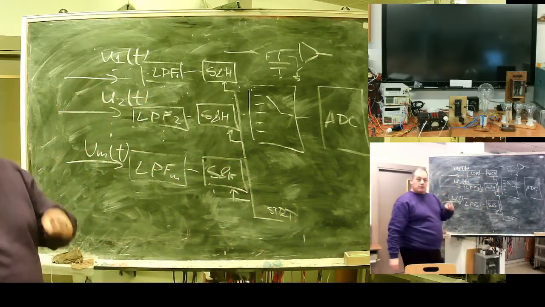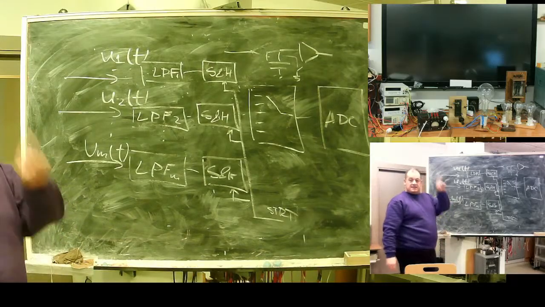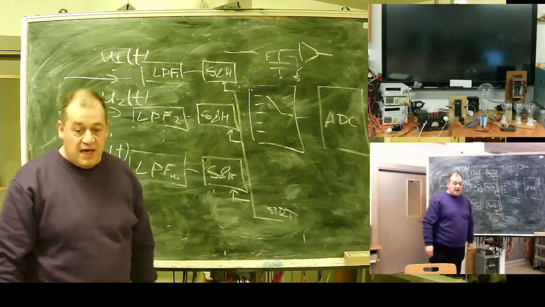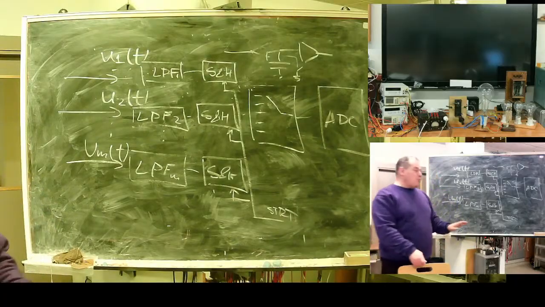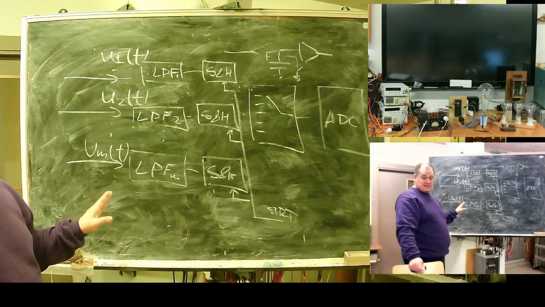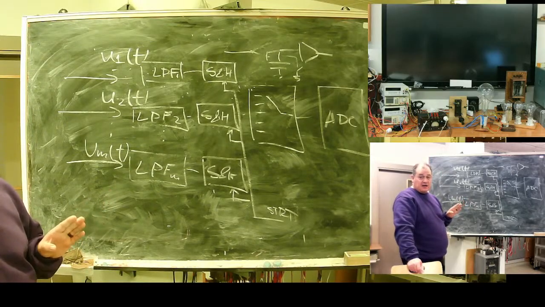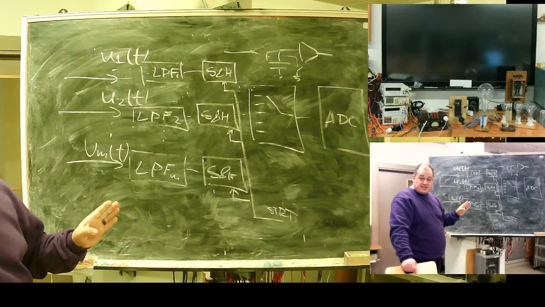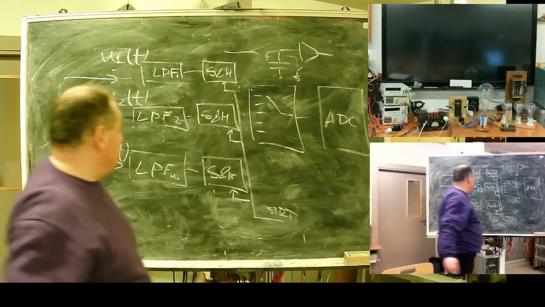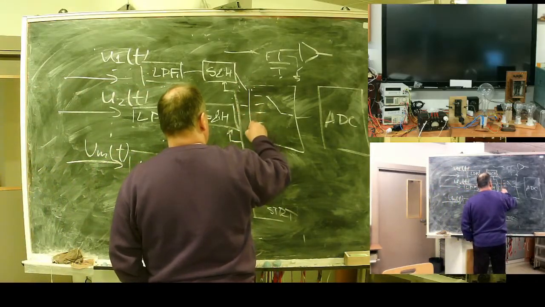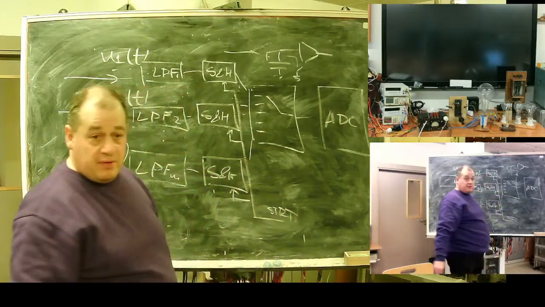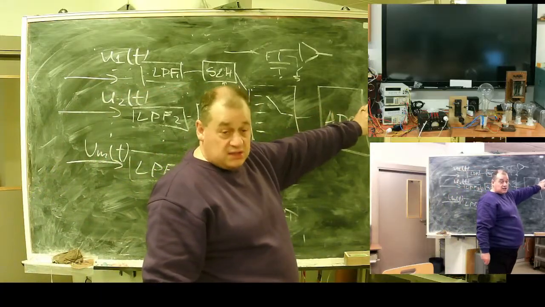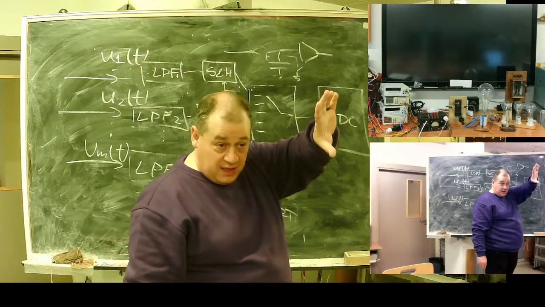Before, we said sample and hold, and all voltages are frozen. In a high-end device. In low-end devices, they compensate for the lack of sample and hold with phase correction. In good devices, sample and hold freezes all voltages. Then they are taken one by one with the multiplexer, measured with the ADC, stored in processor memory, and then what?